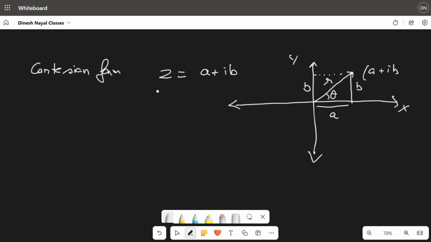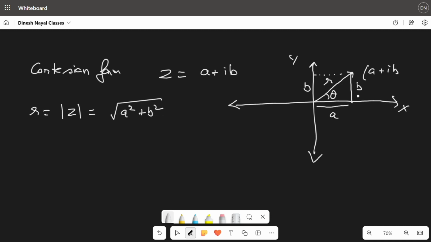So for a complex number z equals a plus ib, r is the distance, or you can say the modulus of the complex number. This is represented as modulus of z, which equals under root of a square plus b square. And also how to find the argument theta.